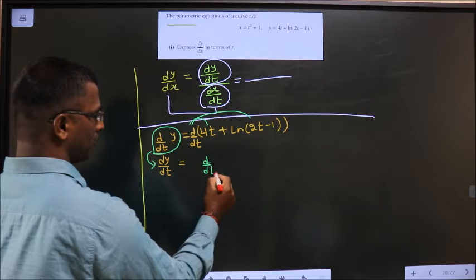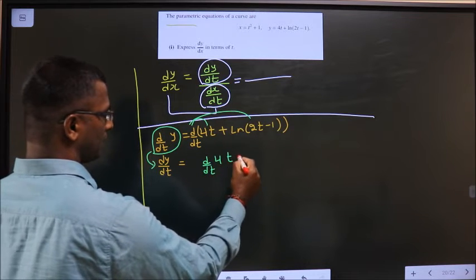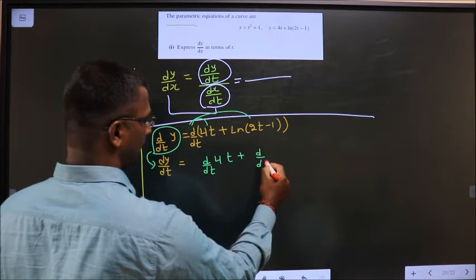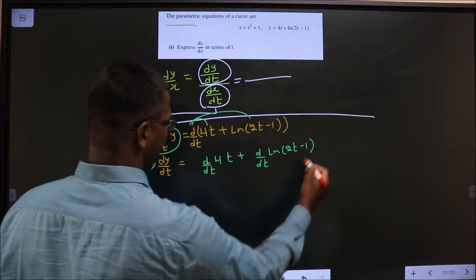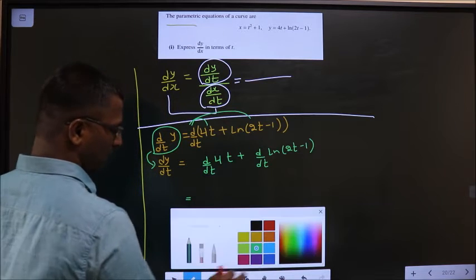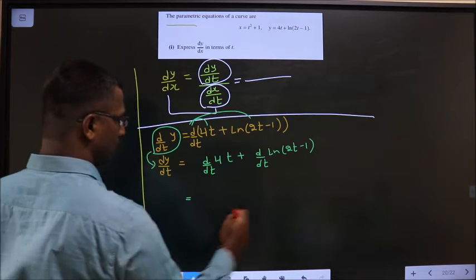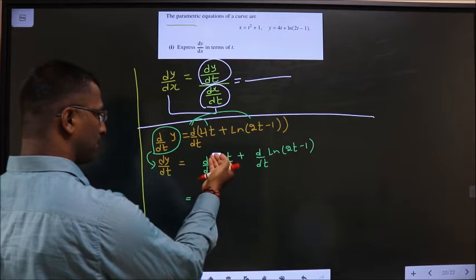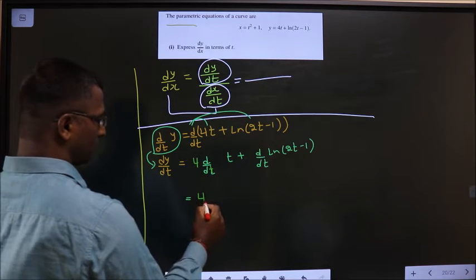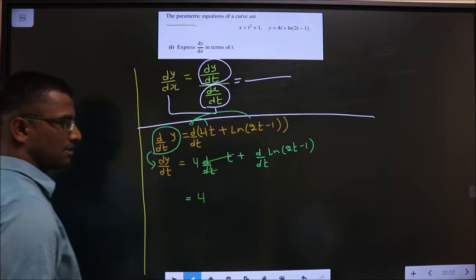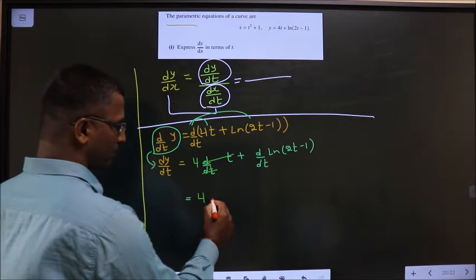d by dt of 4t plus d by dt of ln(2t minus 1) equals, now see here, the 4 will not play any part in differentiation, it will come out and dt gets cancelled, so you are left with 4.